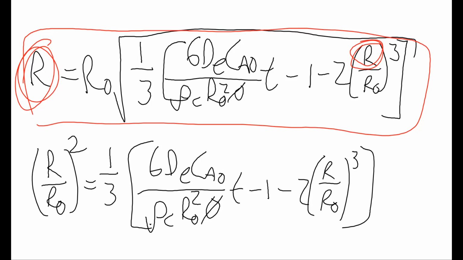Oh, I'm dumb. Should be a negative 1/3. There we go. All right. Now we're cooking. Now we're cooking with grease.